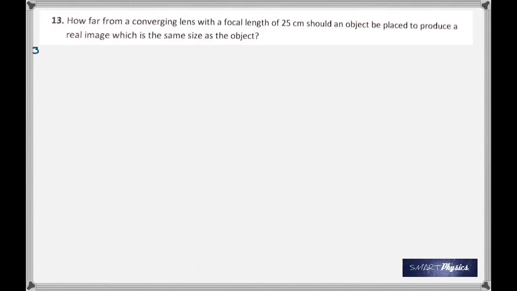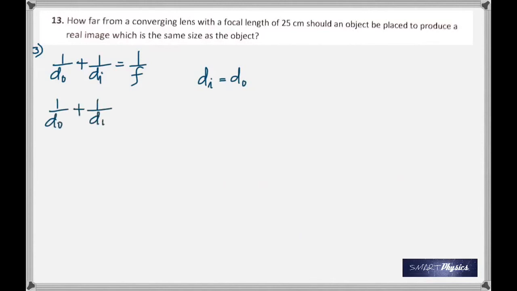See, here it's a converging lens. That means it's a convex lens. Focal length is positive, and you have to find DO, object distance, to produce a real image which is the same size as the object. Now real image magnification is negative. Same size means magnification is -1.